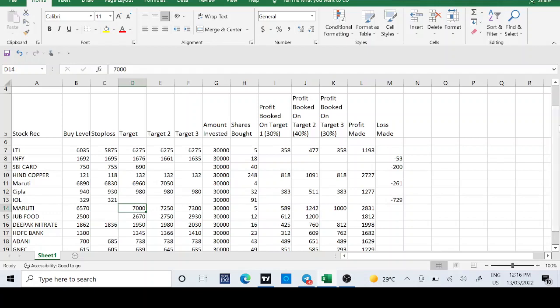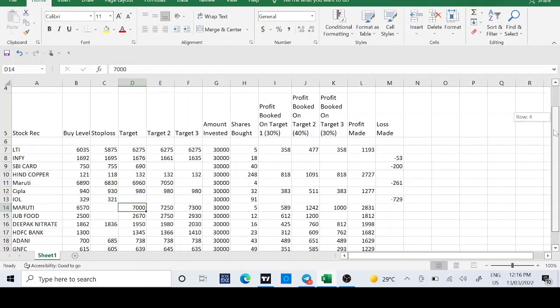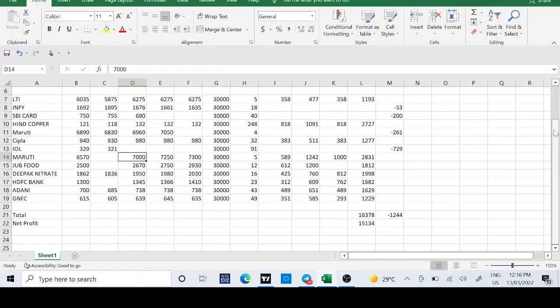Considering all the closed calls with stop loss and target hitting, we have made a report. If somebody has invested 3 lakh, divided it in 10 parts and traded in all our closed trades, because there are a few open ones too which are giving profit and a few which are in losses, so we have not covered those.